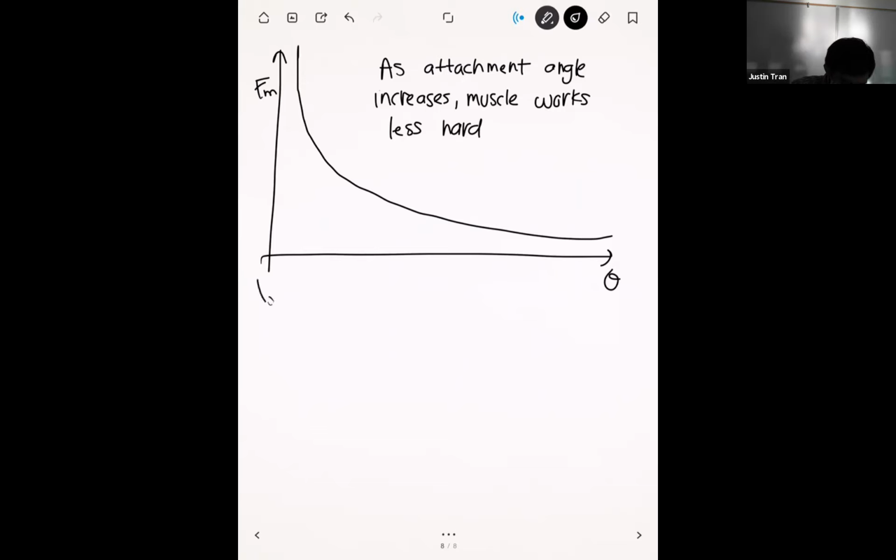Okay. And so the knee actually has a very unique way to increase the attachment angle strictly of the quadriceps muscle.